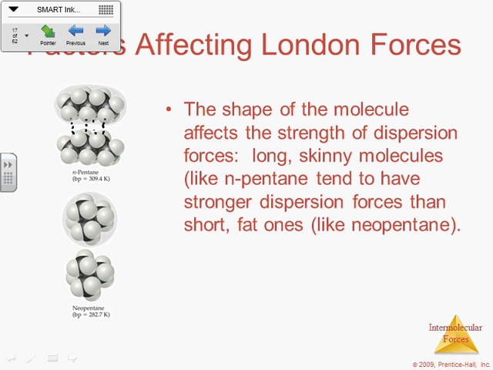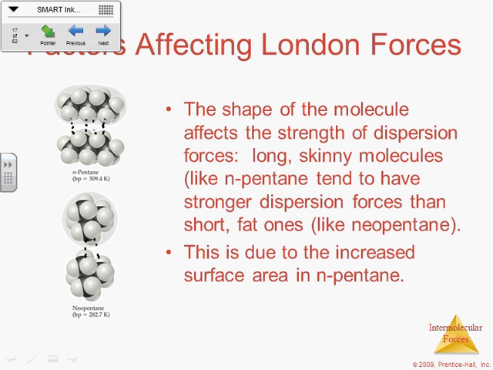So there's more surface area there than on something like neopentane. So long skinny molecules are going to have stronger dispersion forces. And again, you're going to see lots of questions like this on the AP exam. Again, it's because of the surface area.